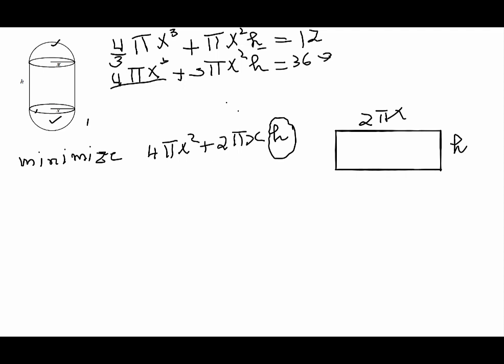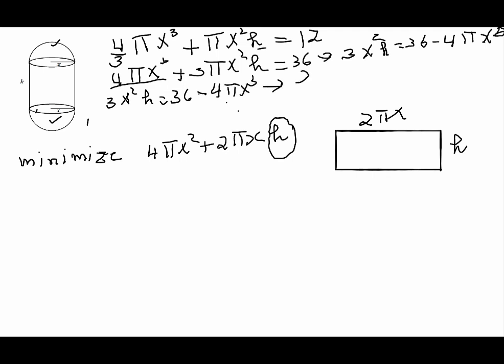When we move the 4 pi x cube to the other side, we get 3 pi x square h equals 36 minus 4 pi x cube.